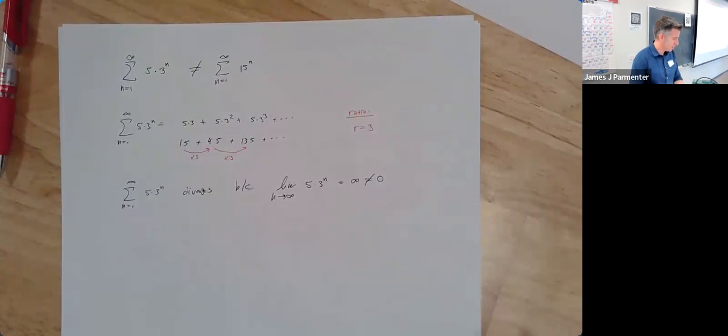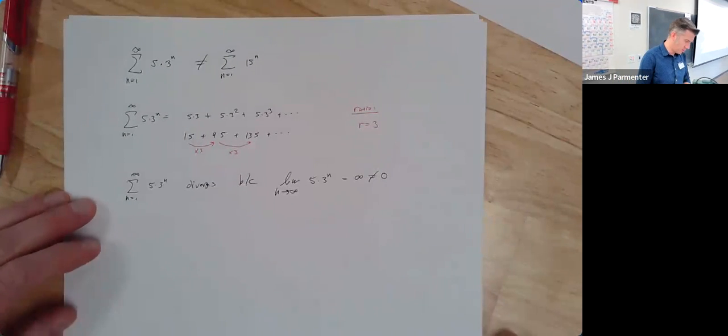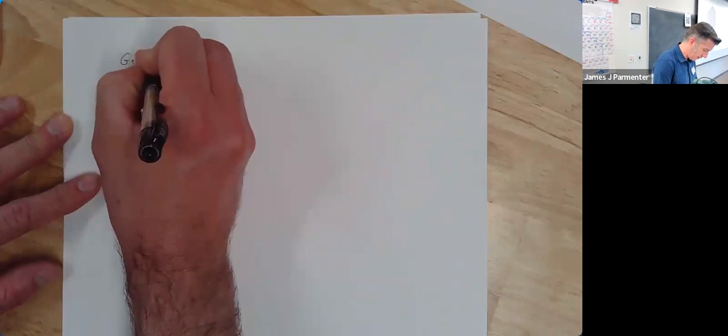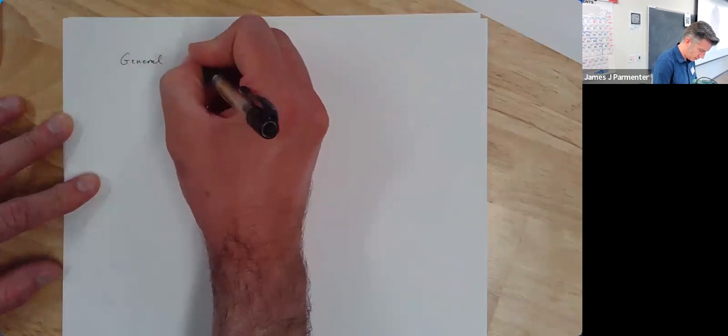So let me show you. Yeah, we got time. It's fine. Let me show you something kind of cool, I think. So here's kind of a general format for a geometric series.